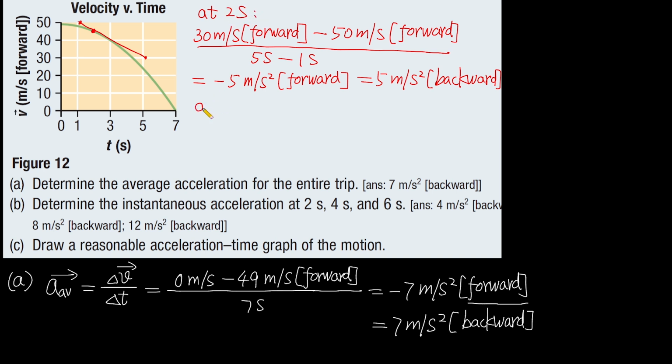Then at 4 seconds, 4 seconds is around here. And we draw the tangent line of the graph at 4 seconds. It's just like this. Now we find the slope of this line. Here is 10. Here is 50. So 10 meters per second forward minus 50 meters per second forward.